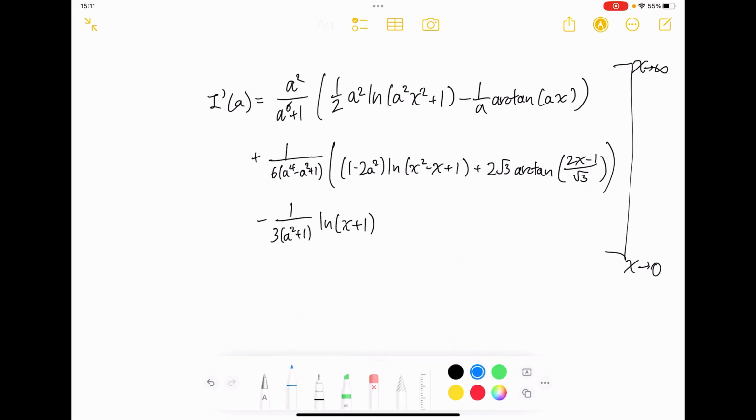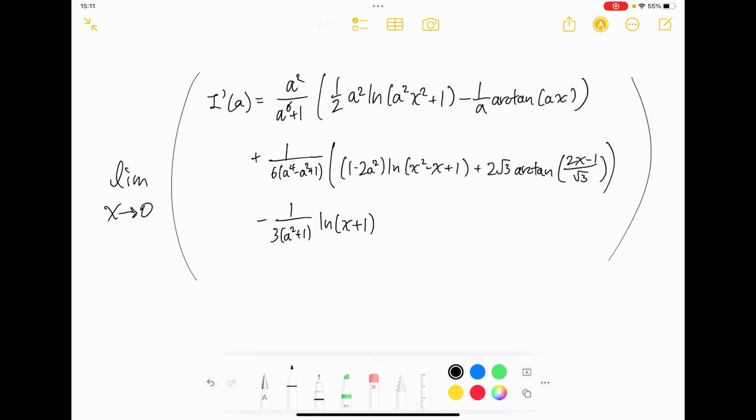So we're going to evaluate the limit as x goes to infinity, subtract the limit as x goes to 0. And what I'm going to do is evaluate this part first, because it's a bit easier. So let's do that. Right, so the limit as x goes to 0, let's limit this whole thing right there.